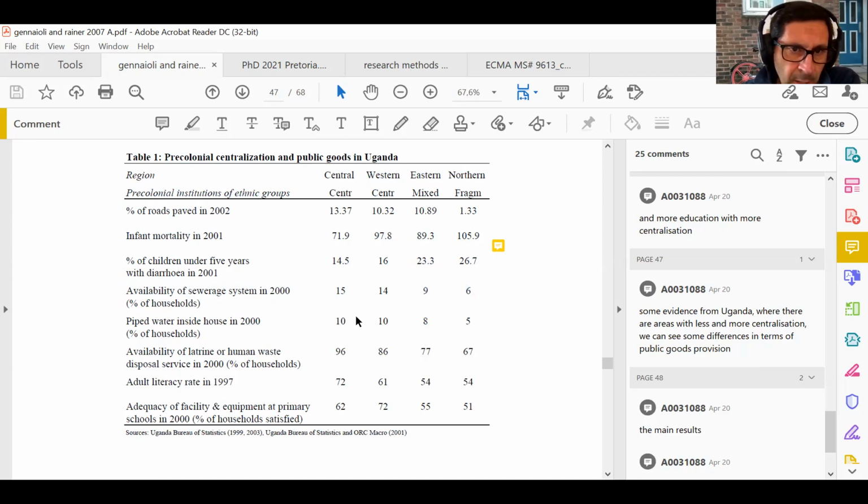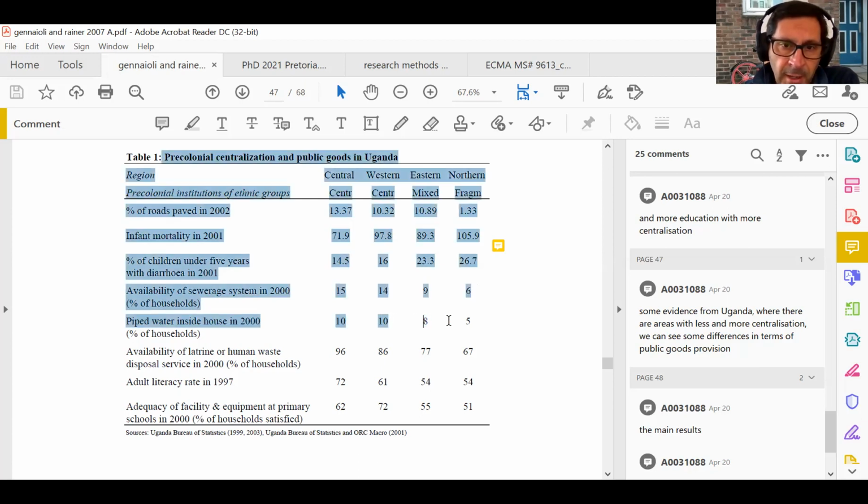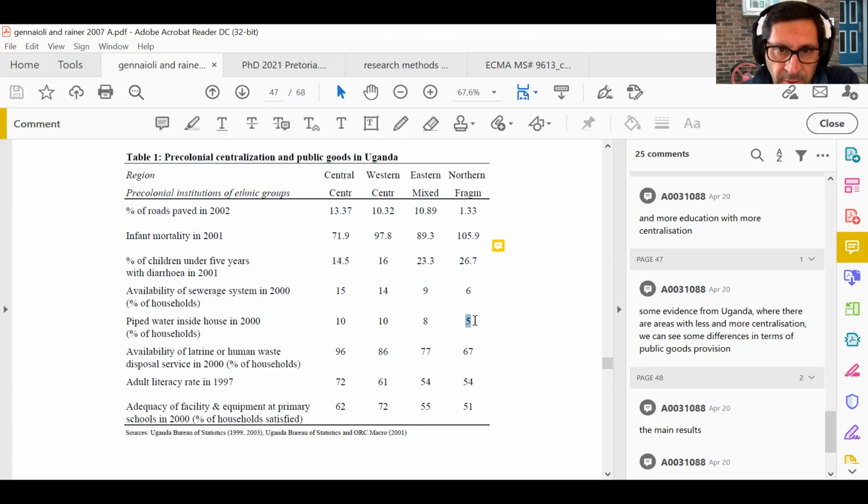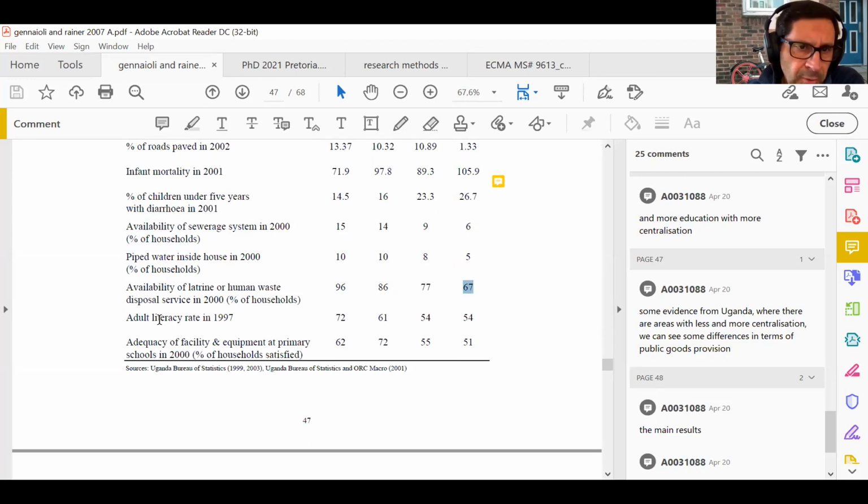Piped water inside the house in 2000, again, it's higher in centralized areas than in, especially, this more fragmented area there, which presents smaller effects. Availability of latrine or human waste disposal is higher in more centralized areas than in fragmented areas. And adult literacy rate in 1997 is higher in centralized areas than in fragmented areas.